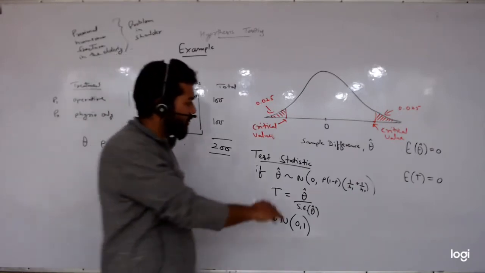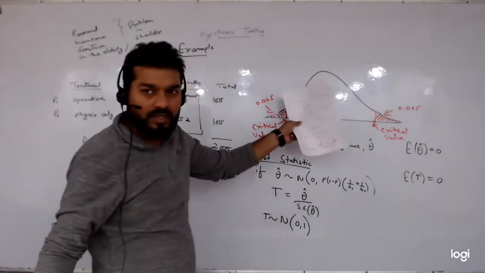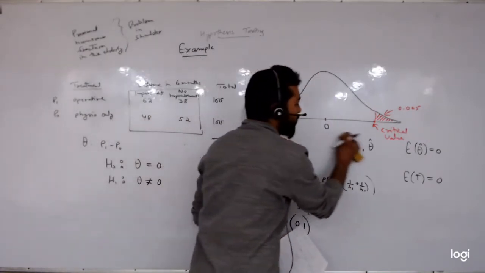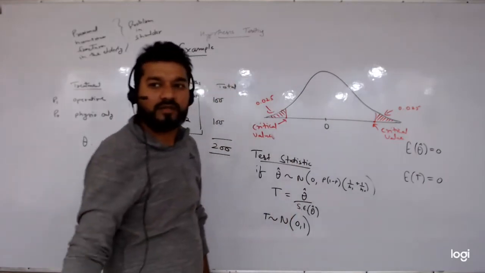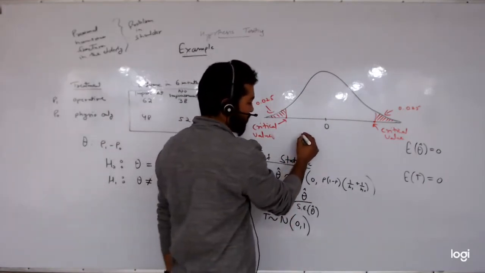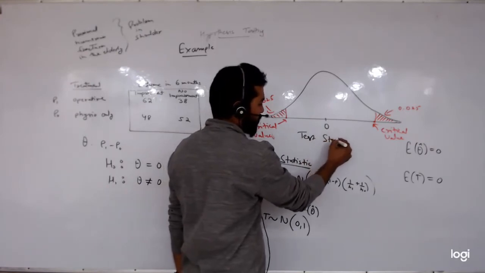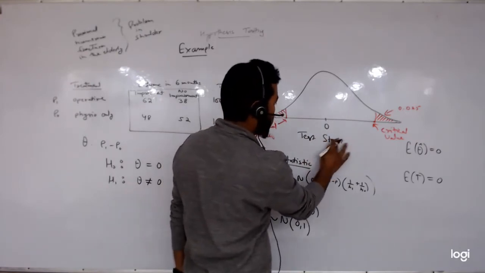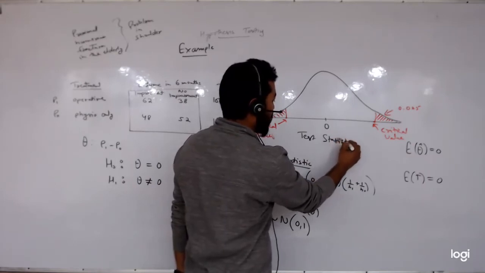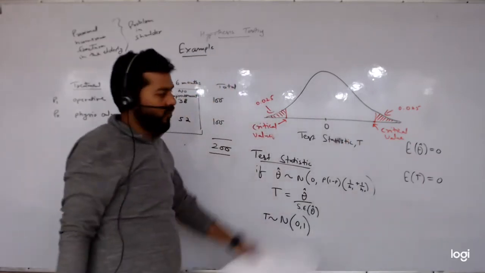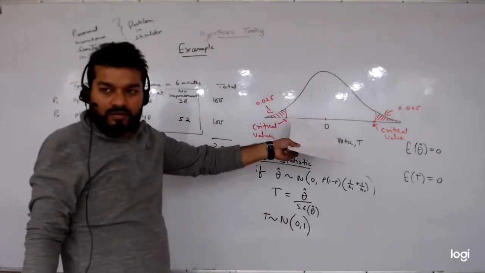Now I'm not going to draw this again. I'm just going to say this distribution is not for the sample statistic. Now this distribution is for the test statistic T, which is also centered on 0.